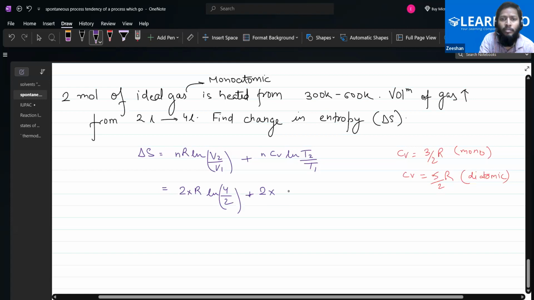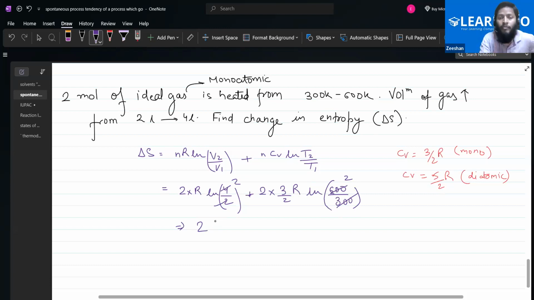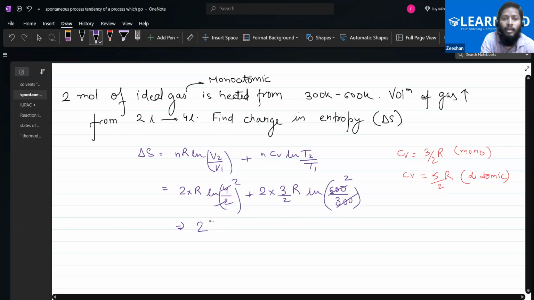CV we are putting as 3 by 2 R. And ln T2 by T1, 600 by 300. Okay. So this 2 is cancelled out, this is also cancelled. So 2. R will be taken as 2 here, because if we want to find the answer in calorie, we will directly put R as 2.